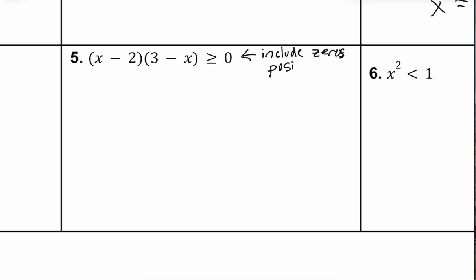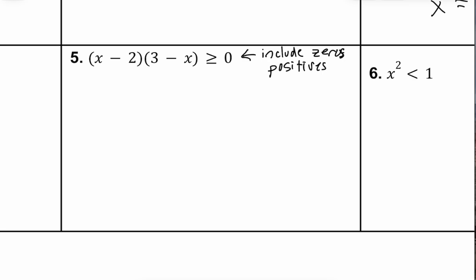We want the positives. So keep in mind what that is asking. Now, if we were able to graph it, we could definitely see what is happening, and we could do it that way. But I want to show you how to find it algebraically, okay?